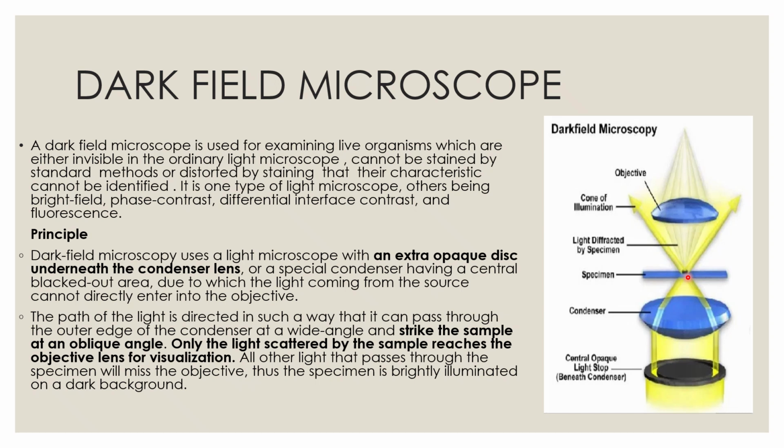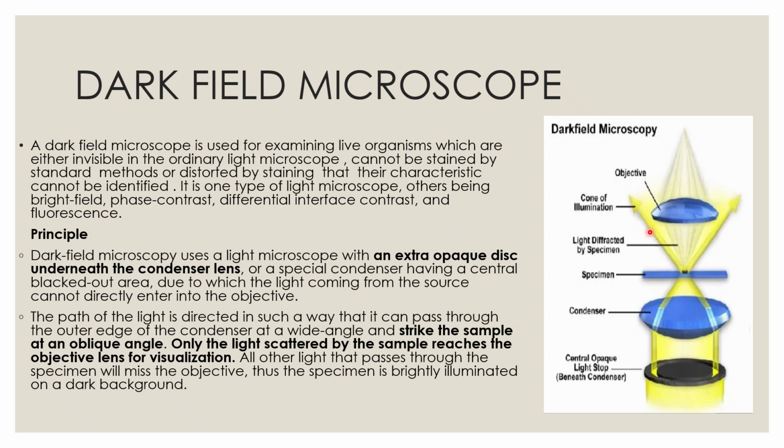As a result, the specimen will start scattering light, and that scattered light will actually reach the objective. It is designed in such a way that the other light, from the unblocked region, reaches the condenser, then reaches the specimen, and from the specimen it will be diffracted, that means it will move out.